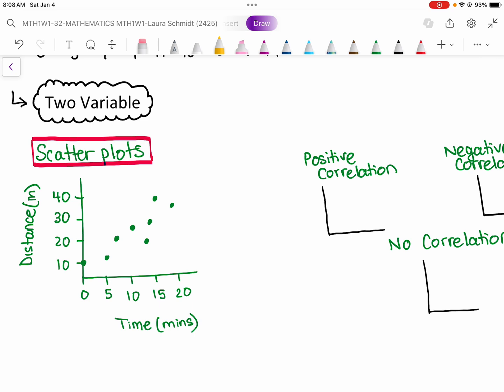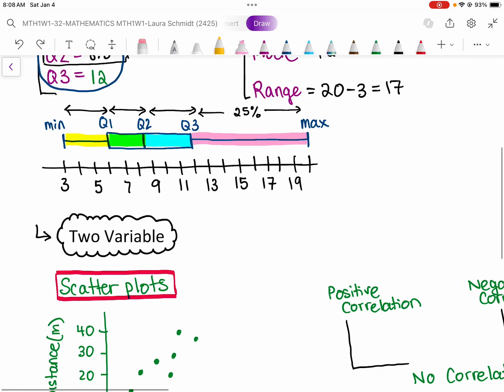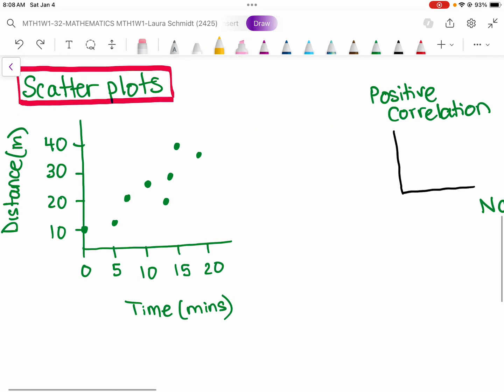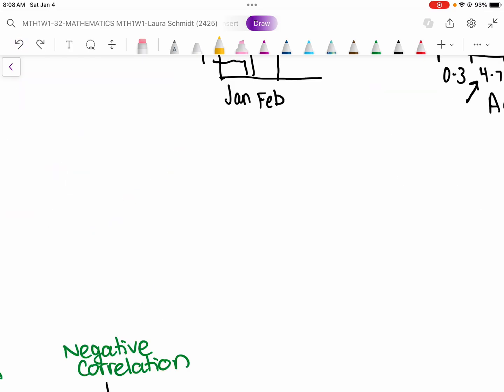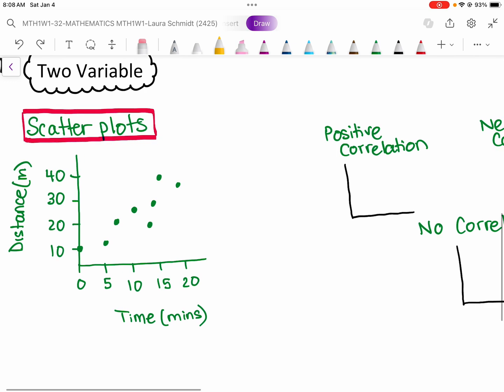We can add something called a line of best fit to our data, which is a line that is as close to as many of the points as possible. We're looking to minimize the distance from the line to all of the points, this distance here. So we would never draw a line that connected dots. We never want to do that. We always want to do a line that just fits the trend of our data.